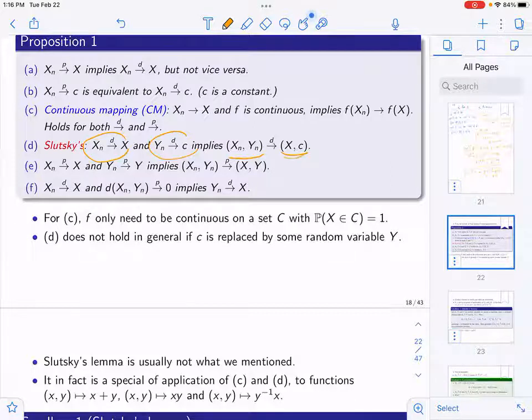This is a singular distribution in R^2, let's say if they're univariate, but that's the nature. It has a distribution and you converge to that. This lemma does not hold if both of them are random variables. One of them has to be converging to a constant.